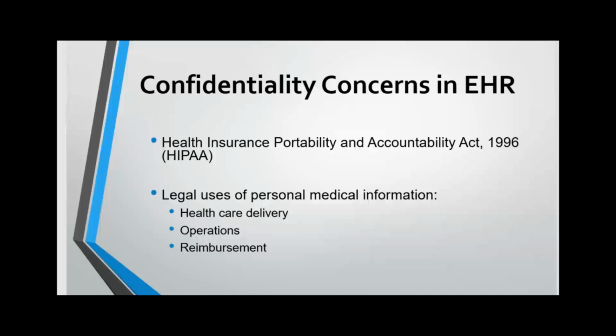Now, revisions to HIPAA under HITECH add more stringent rules for disclosure of breaches of confidentiality. So the inclusion of vendors and subcontractors who must comply with HIPAA requirements, restrictions on the use of personal health information for marketing purposes, patient authorization related to the use of personal health information for research purposes, the use of genetic information for underwriting purposes by health insurance plans, and the patient's right to receive electronic copies of their public health insurance.